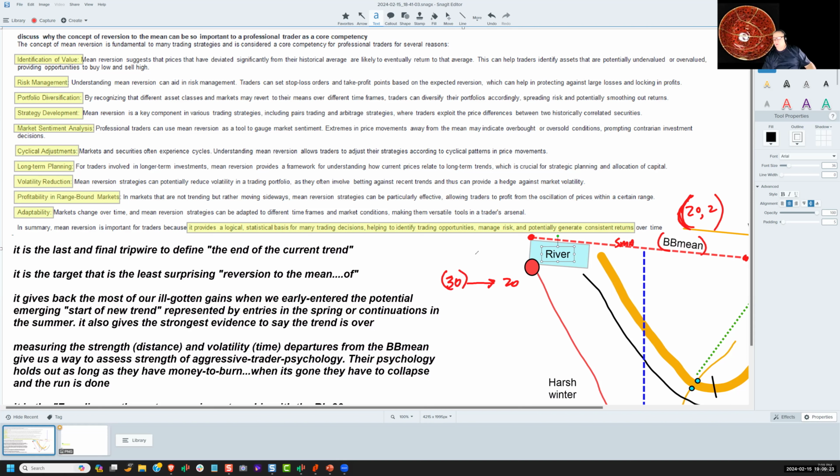Now, you need 30 data points for parametric statistics, which means that you need a large enough sample size to give you any kind of confidence that the statistical treatment that you're going to give it has any validity.